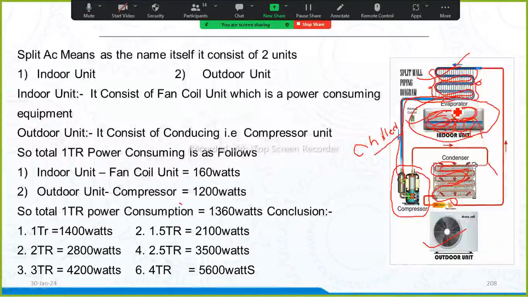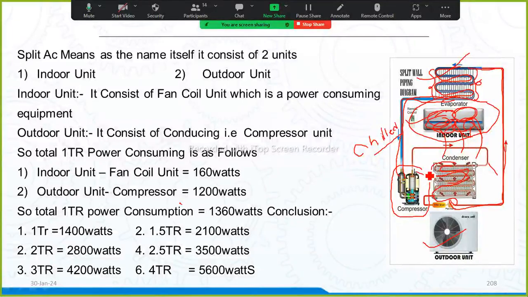So heat exchange takes place. Then the chilled air is going to come from the indoor unit. Then it's a continuous process. The room will become chilled, and whatever the refrigerant, that will become hot, and again it will go to the condenser. Now what will the condenser do? It will liberate that hot air outside. Then again it goes to the compressor.